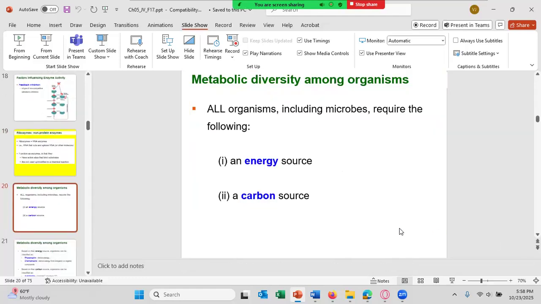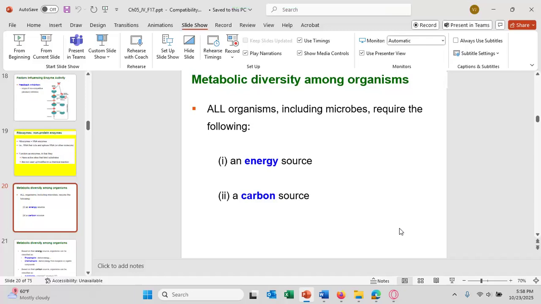All right. If there's no questions, let's talk a little bit about metabolic diversity among organisms. All organisms, including microbes, require two sources. They all require an energy source, and they all require a carbon source.